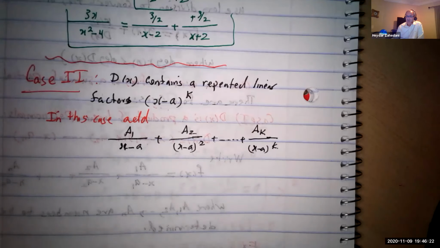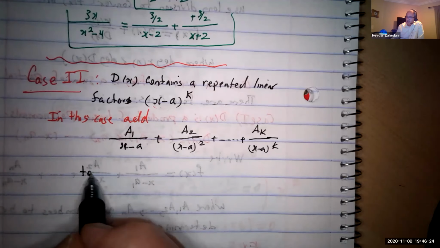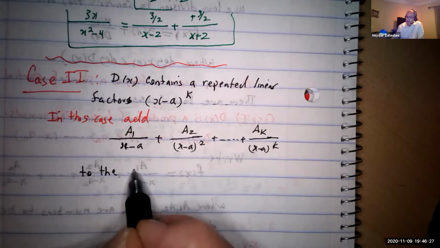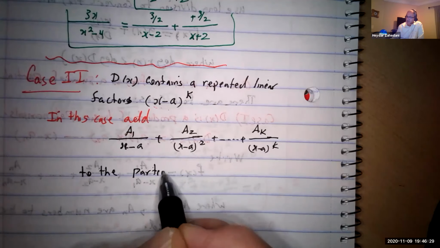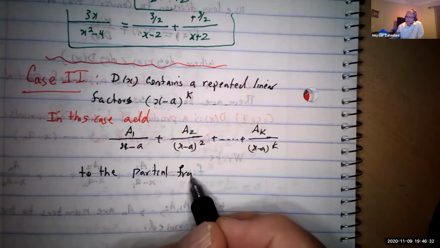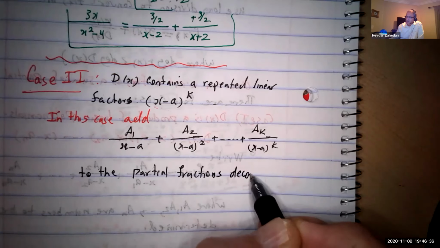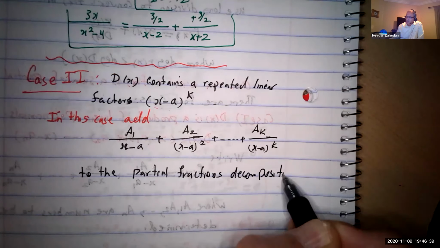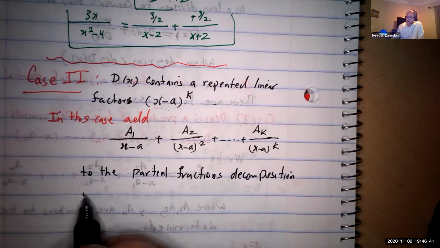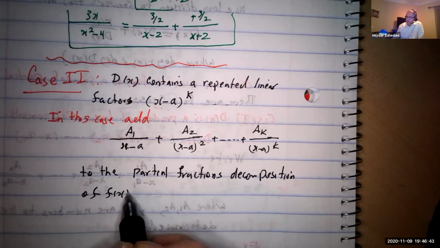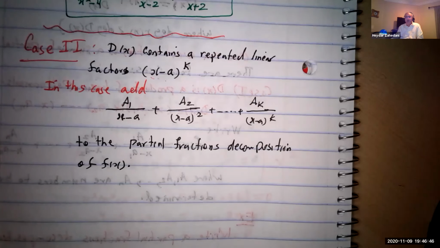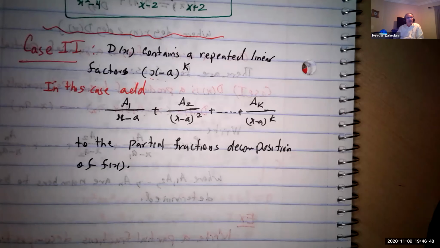You are going to add these to the partial fractions decomposition of f of x. For the other factors you already got the common partial fraction decomposition.